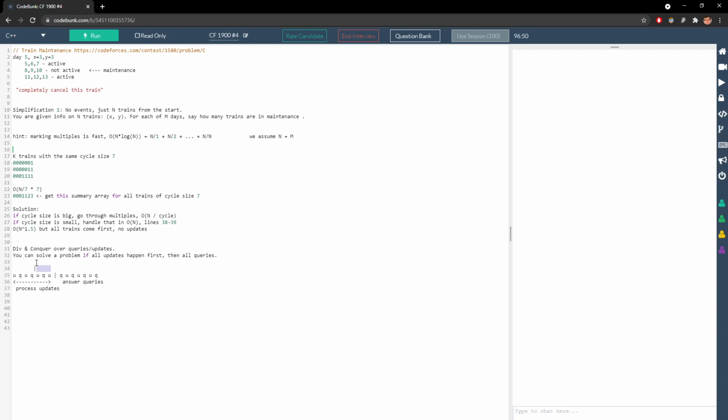There is more stuff about it, but we'll not discuss it here. For now, let's say we can do divide and conquer to avoid the interleaving of queries and updates. And this adds additional logarithm.